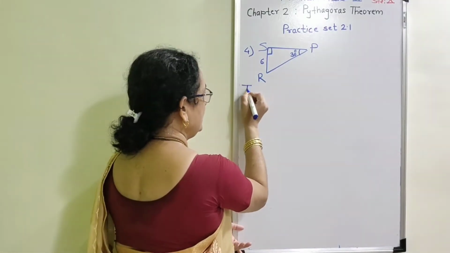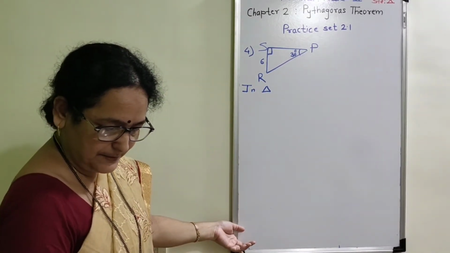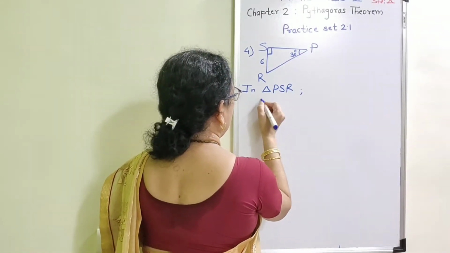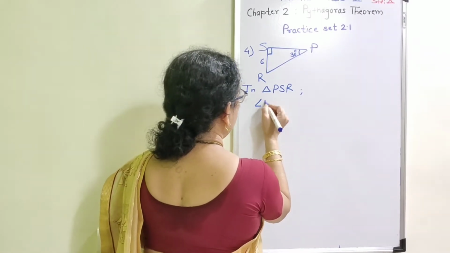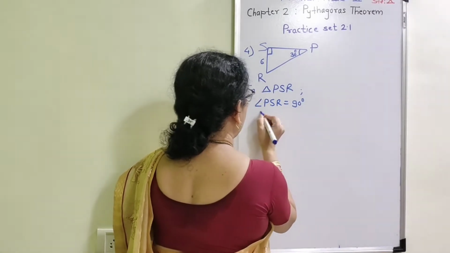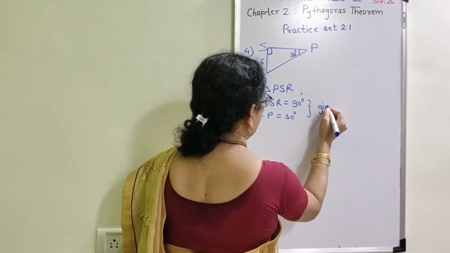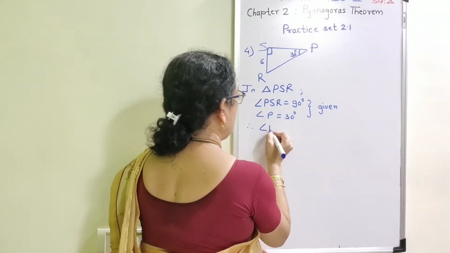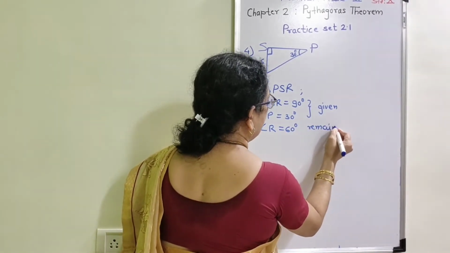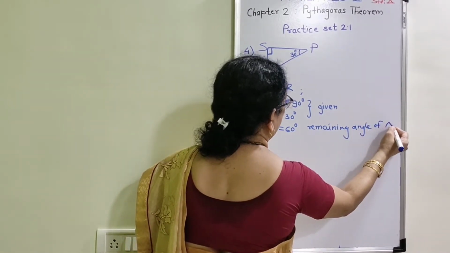Now write down in triangle PSR, as the name is given in our textbook, angle PSR is equal to 90 degree, angle P is equal to 30 degree given, and therefore angle R is equal to 60 degree, the remaining angle of the triangle.